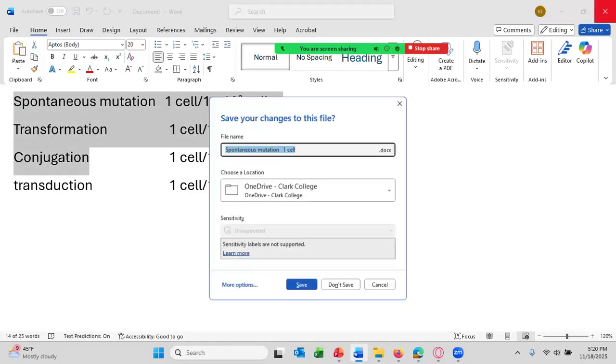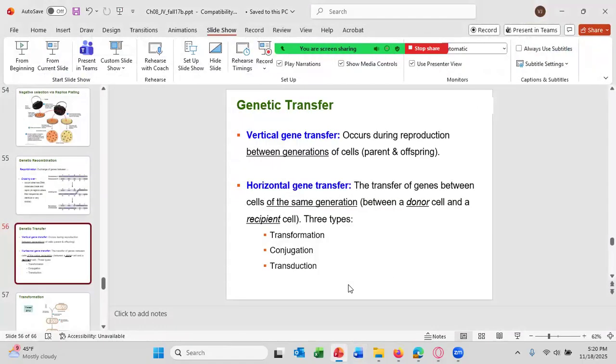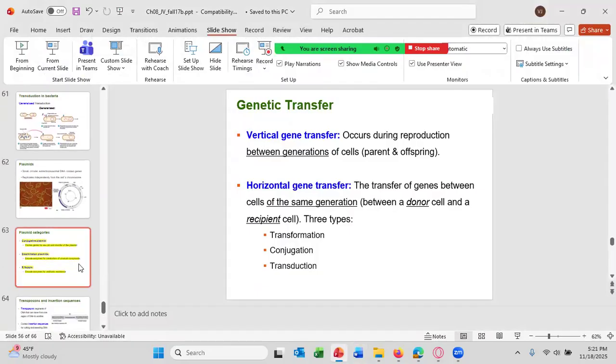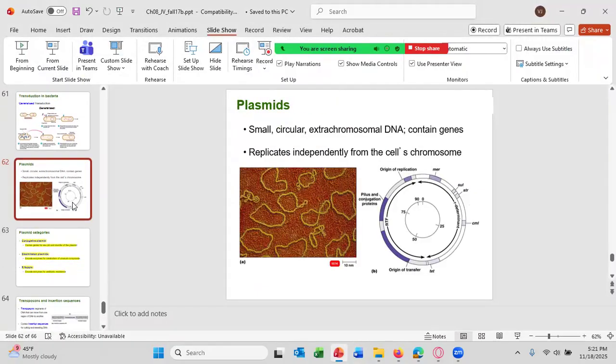Let's just go ahead and close that. All right, let's briefly talk about plasmids. They are a small circular extrachromosomal piece of DNA containing genes. Extrachromosomal means that it's not part of the chromosome.